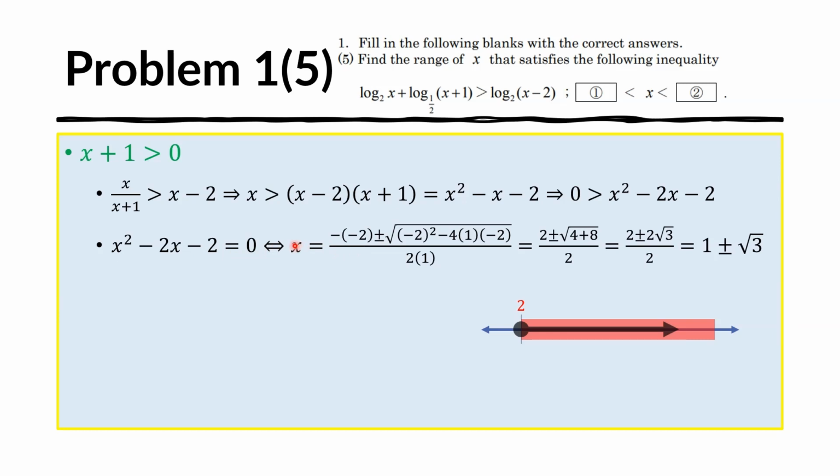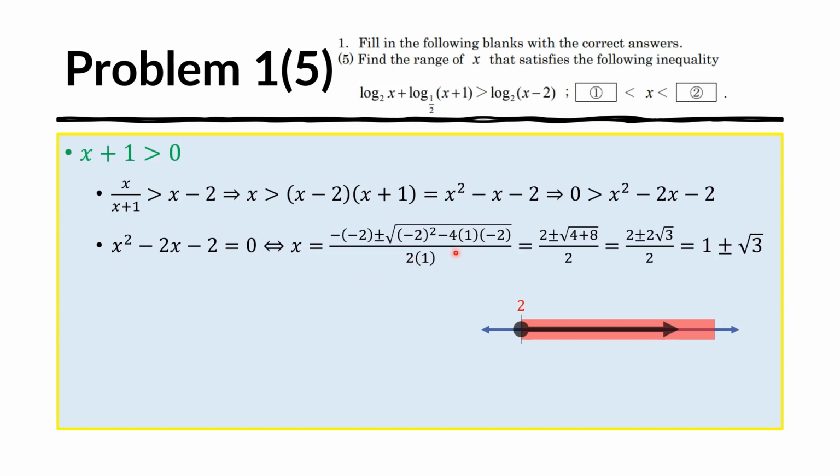The quadratic formula is x equals the negative of the coefficient of x, so in this case it's -2 here, so negative of that, plus minus the square root of the coefficient of x, which is -2, squared, minus 4 times the coefficient of x squared, which is 1, times the constant term, which is -2, and then all over 2 times the coefficient of x squared.